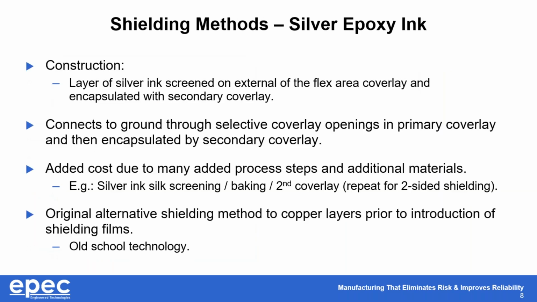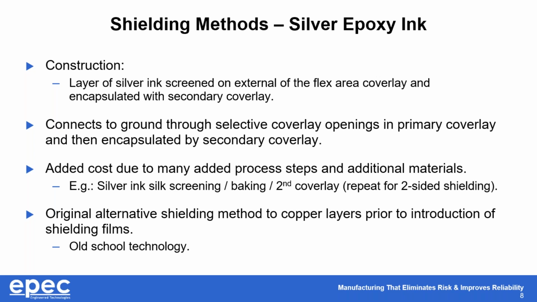The next methodology is utilizing silver ink. So the construction of silver ink is essentially the screening of a layer of silver epoxy ink on the external surfaces of the cover lay of the flex circuit itself. And then the silver ink is again encapsulated with a second layer of cover lay.